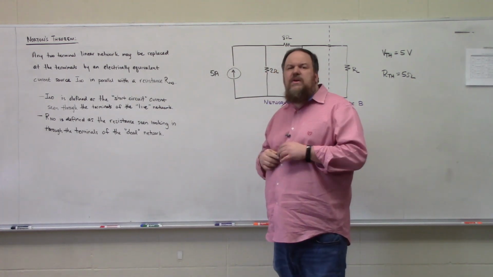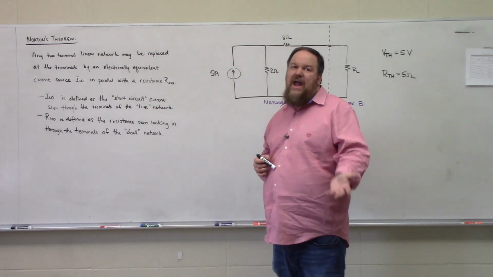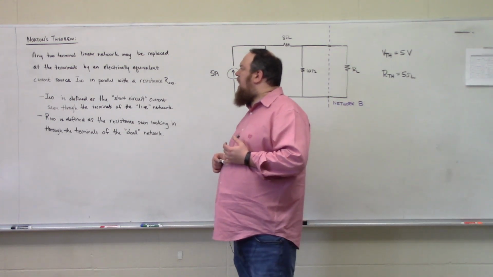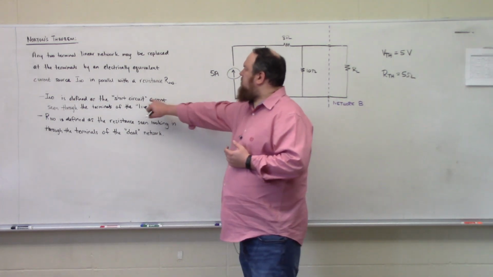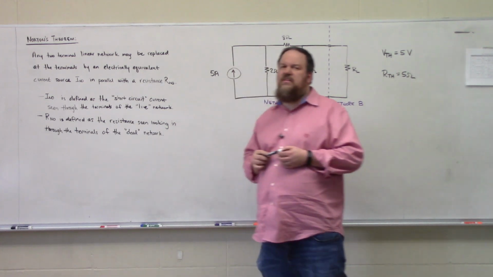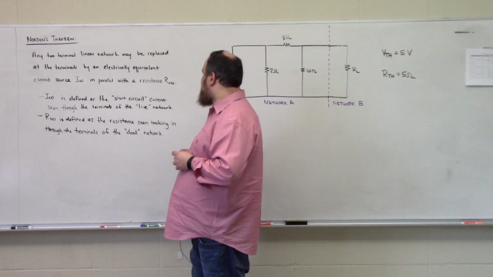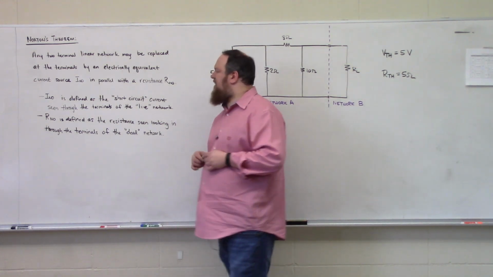So it just says that we can replace any two-terminal network with a practical current source, where INO is defined as the short circuit current seen through the terminals of the live network, and RNO is defined as the resistance seen looking in through the terminals of the dead network.